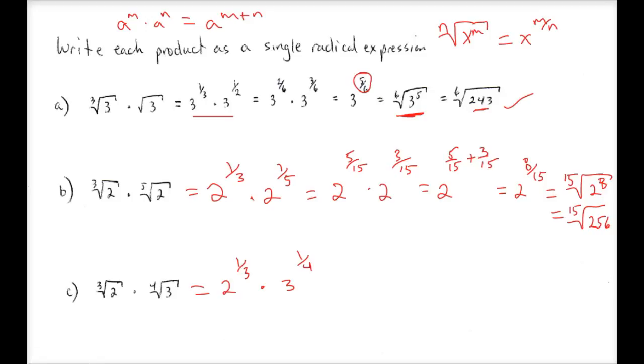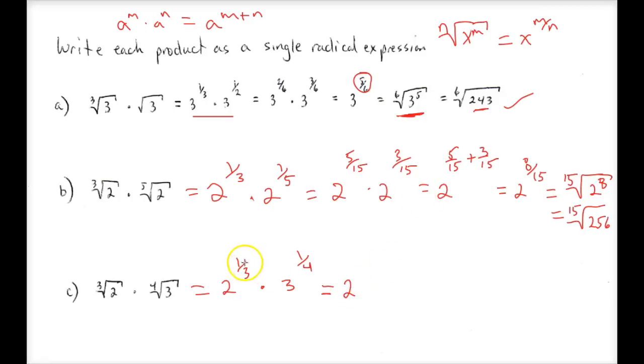However, one of the things that we do note here is that we could still change this to where our exponents could have the same denominator. And if we did that, then we would have a situation to where the indices would be the same. So we could put it back into radical form and then multiply them. Okay. So although it looks like we wouldn't be able to do anything with this, we actually could.